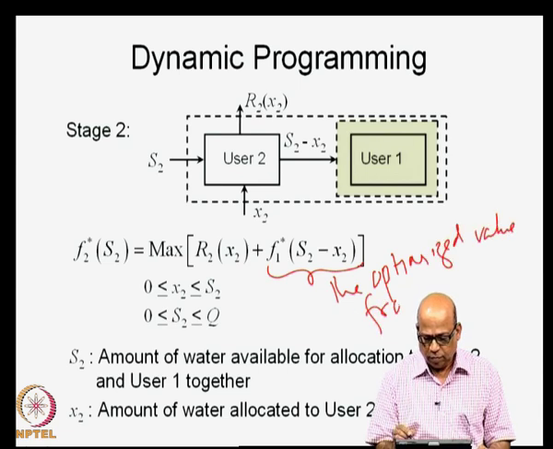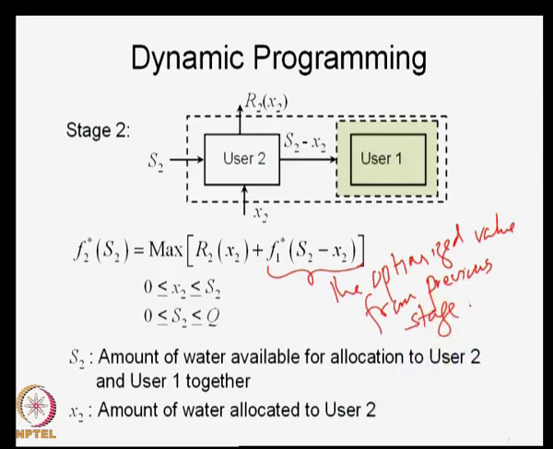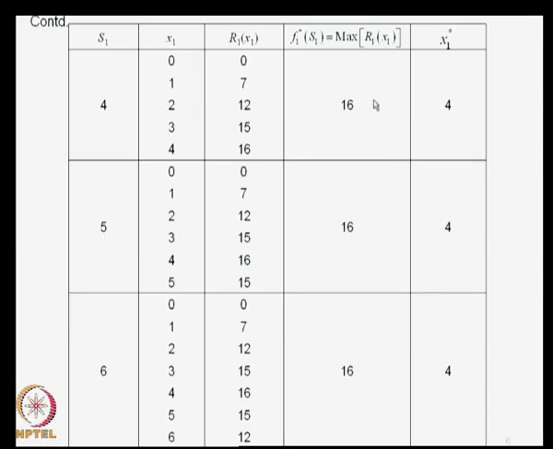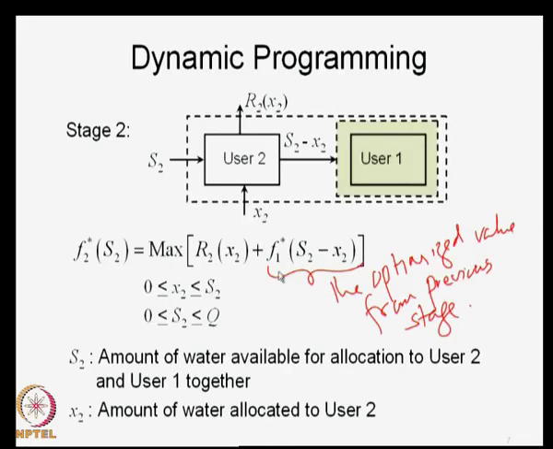from the previous stage. Remember, this is what we have solved already from the previous stage computations. This is what we have solved, f1 star S1, which means given this argument S1 here, we know what is the x1 star and what is the maximum objective function value, and that is what we use here.